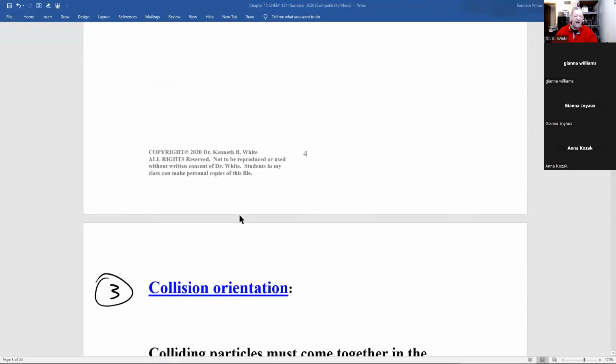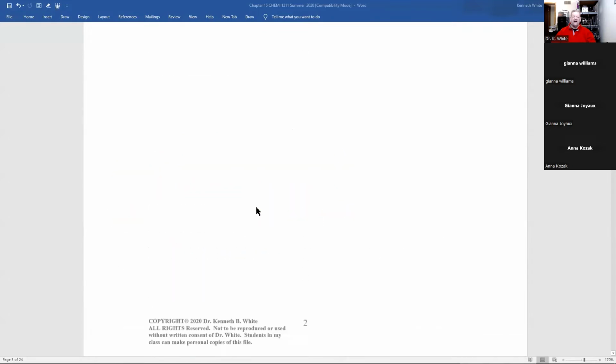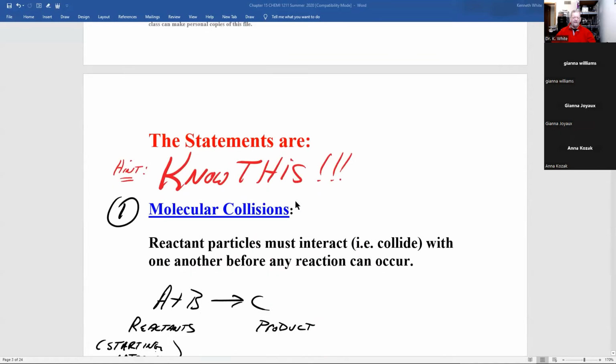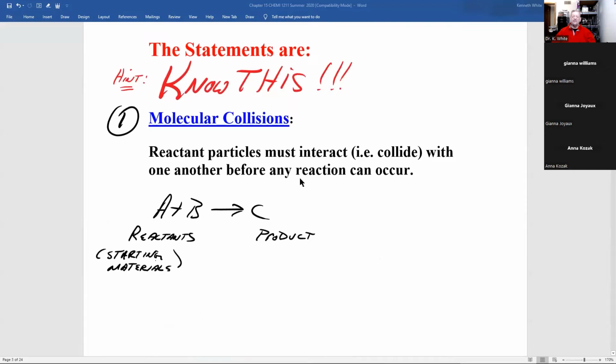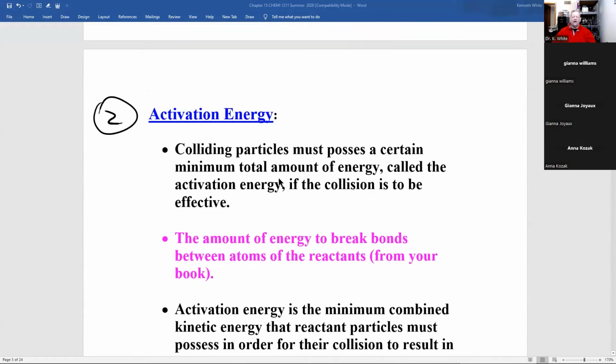So one more time, real quick, you should know the three statements or how to describe the three aspects of the collision theory of reactions. One, in order to have a reaction, reactants must collide. Two, when they collide, in order to have a reaction, the particles, molecules, or atoms must have enough energy.